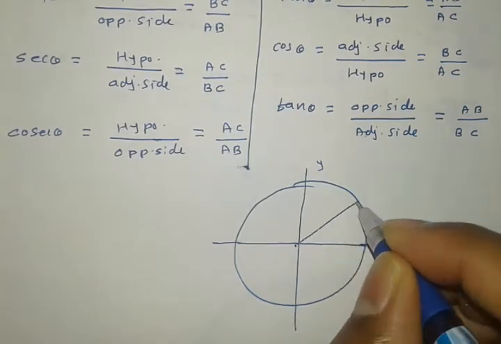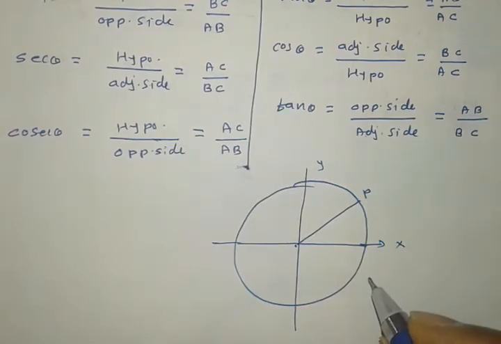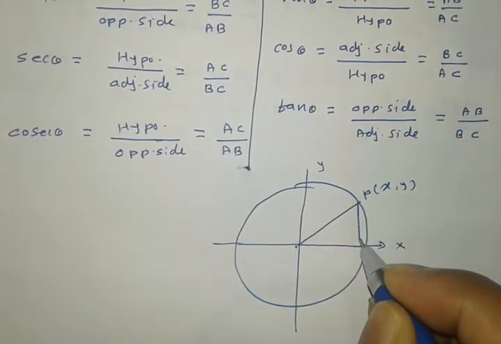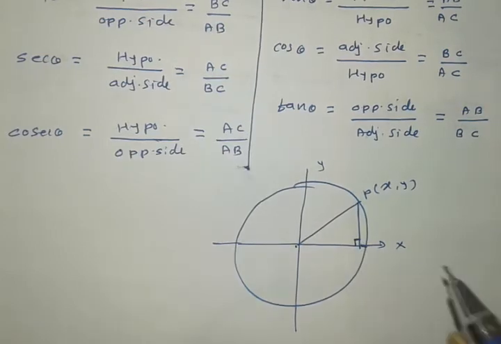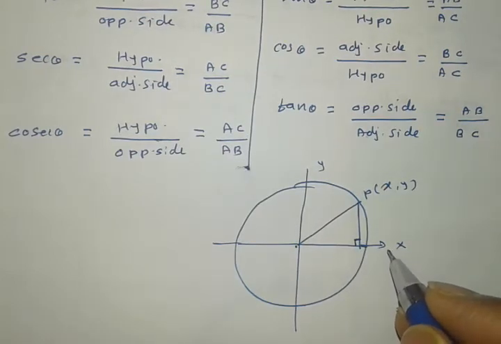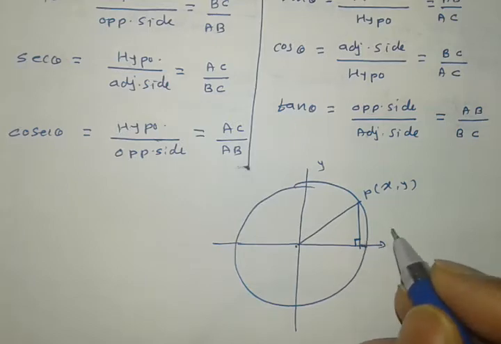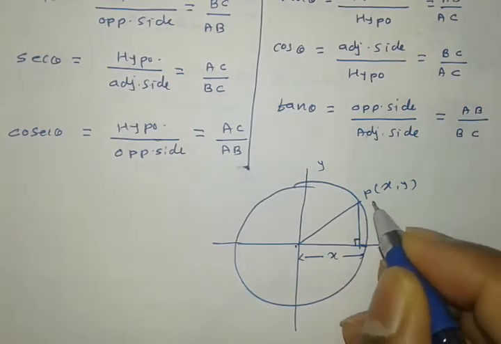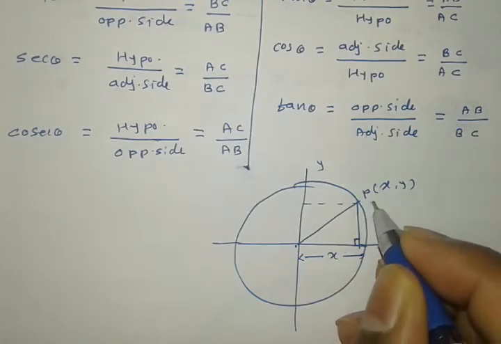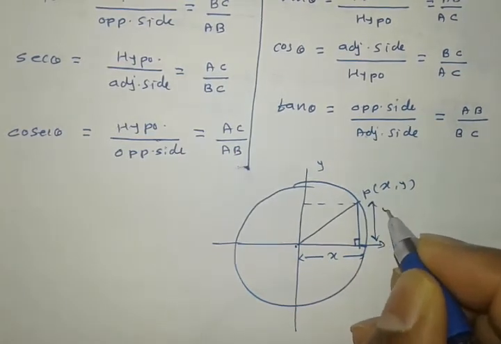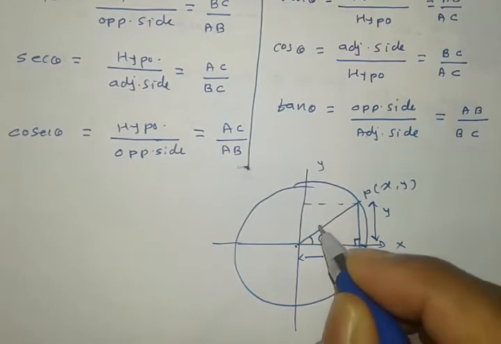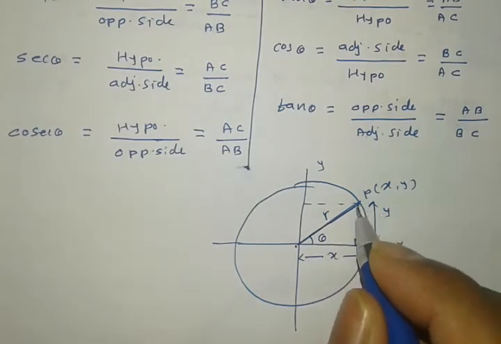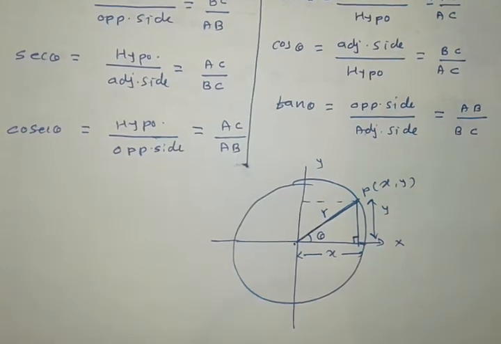Here is one point P, whose coordinates are x, y. Draw a perpendicular, so the angle here is 90 degrees. This distance is x, and parallel to y its distance is y. Here is angle theta, and this is called the radius, which is r.